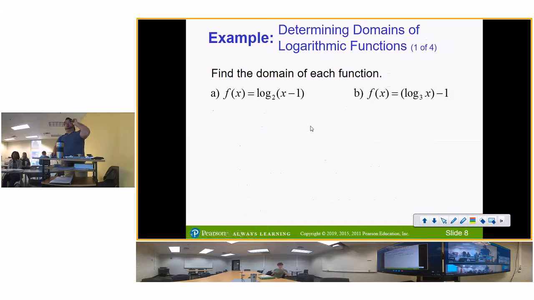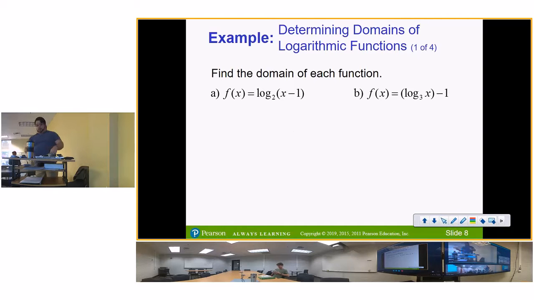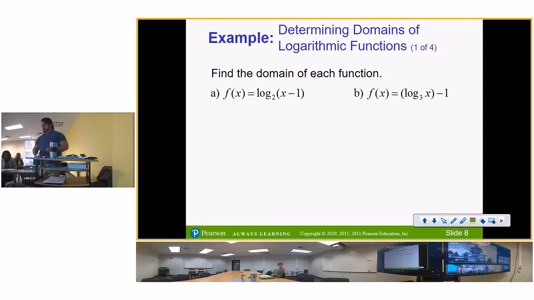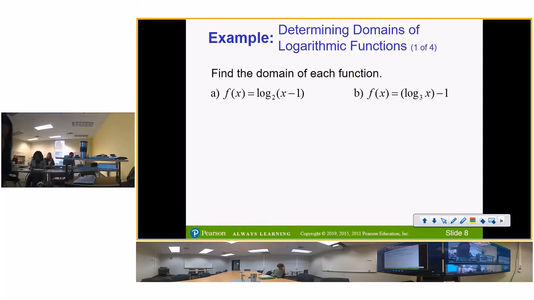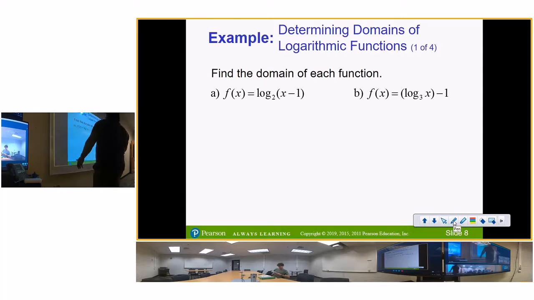Yeah, of course. All right, find the domain of each function. So here, these two questions are calculator questions. You would put it in change of base formula. So this just says find the domain, and the best way to find the domain, set the denominator equal to 0. You could do that because you can't take the log of a what?